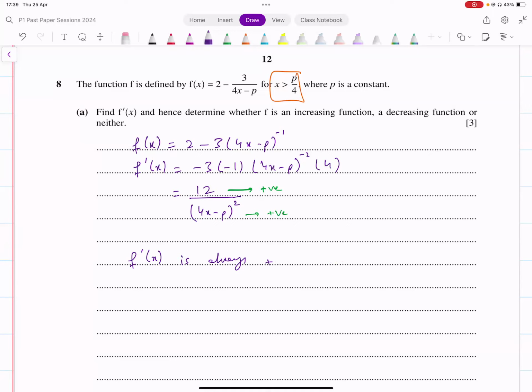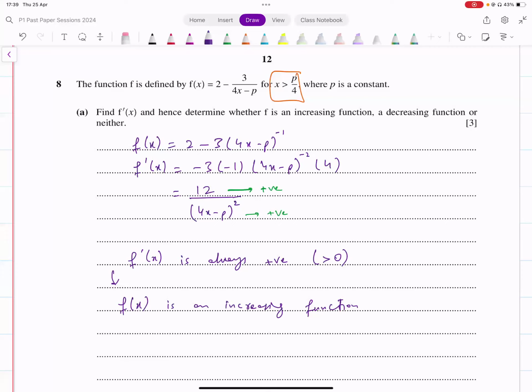Since it's always positive, what does that mean? Since the gradient is greater than 0, we say f of x therefore is an increasing function because the derivative is always positive. If we could not prove this, then we would say it could be positive or negative, any of them. Then we would say it's neither, but in this case, we can prove that the numerator is always positive, the denominator is always positive.